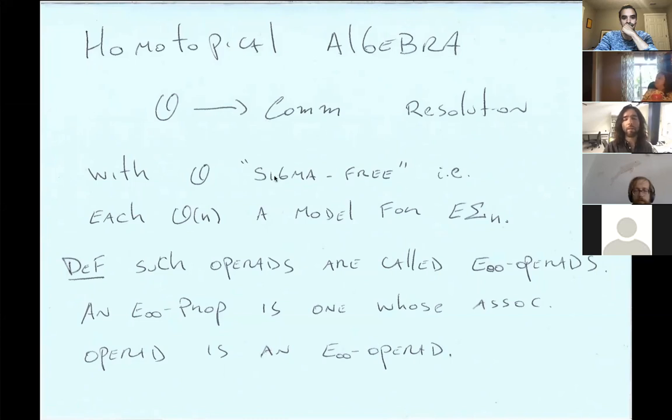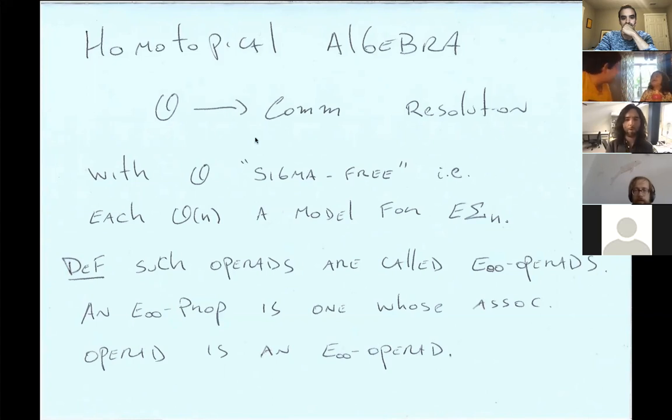The condition that plays the role of injective or projective or free is the notion of sigma free, which tells us that the arity n part of the operad is a free module over the group ring of the group sigma n.